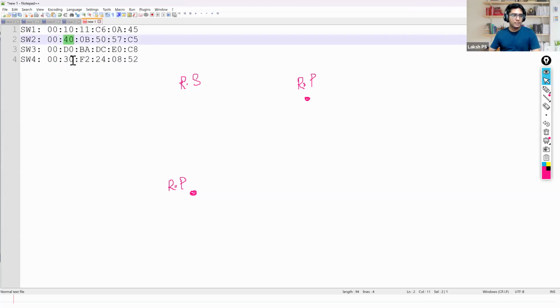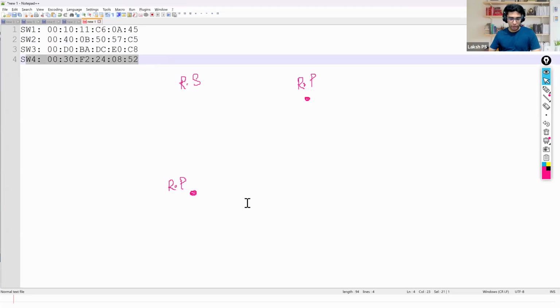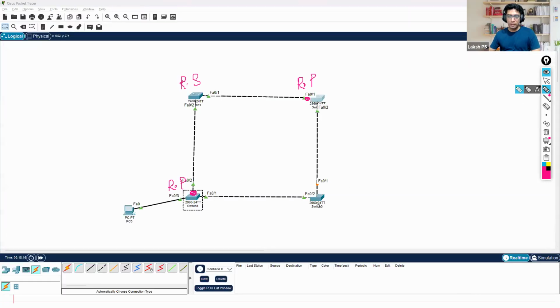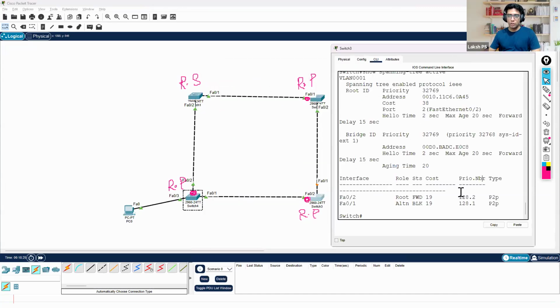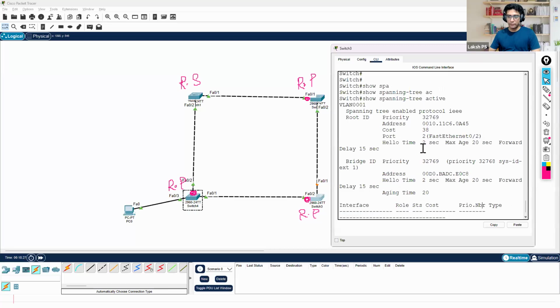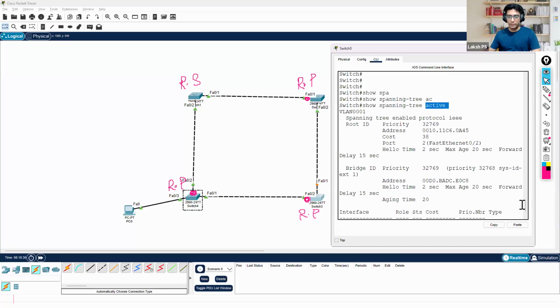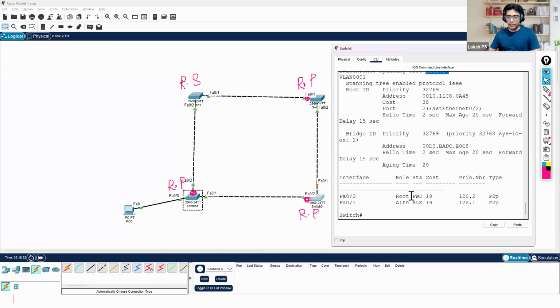This is 4, 0. This is 3, 0. So obviously 3 is lower than 4. So whichever interface is connected to switch number 4, that is the root port, right? So let's verify that. When I did a show spanning tree active on switch number 3, you can clearly see it mentions 0/2 as the root, meaning that's the root port.